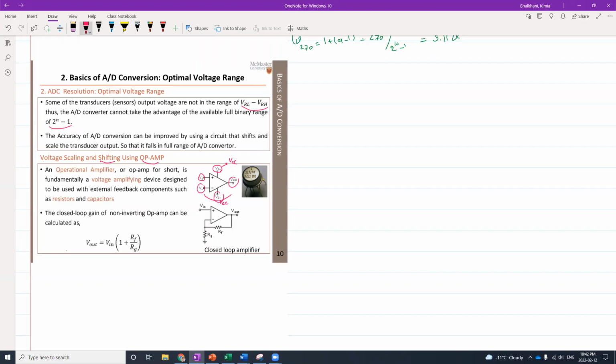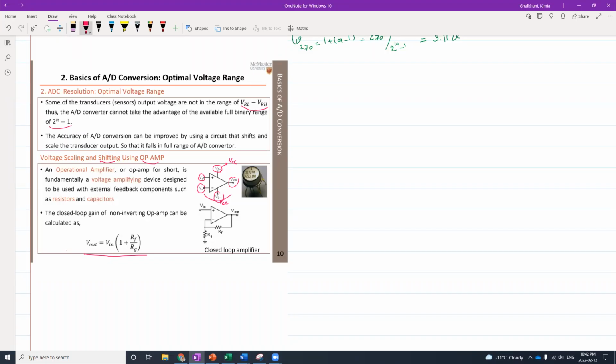Now, what you're seeing in here is the closed loop circuit. In here, we want to look at how we can calculate the output voltage. The closed loop gain is the gain of the amplifier with the feedback loop closed. The closed loop gain of the op-amp can be simply calculated using this equation.